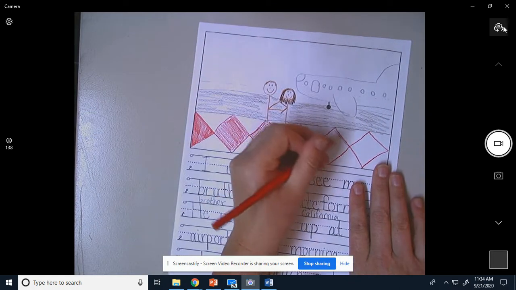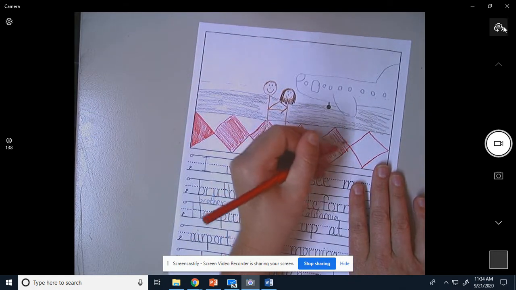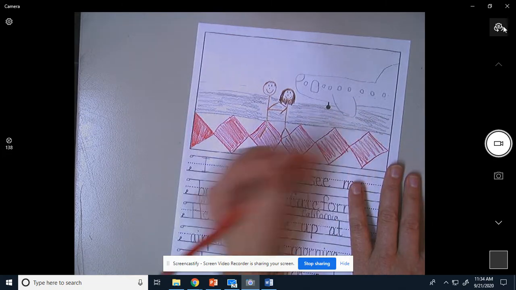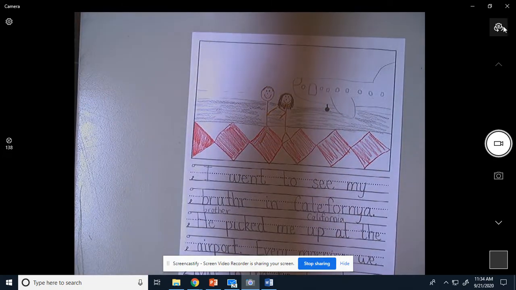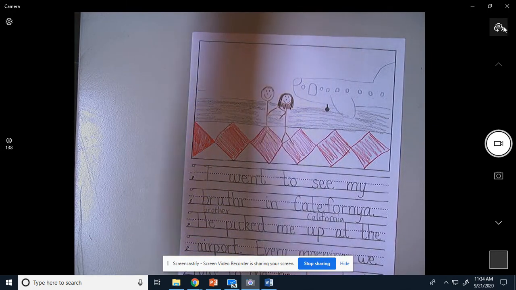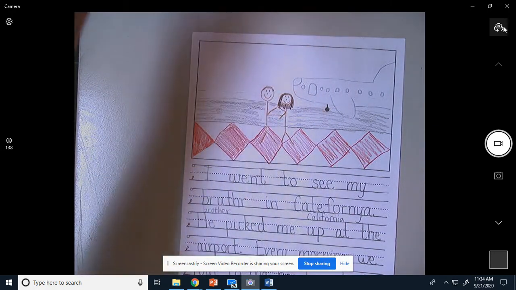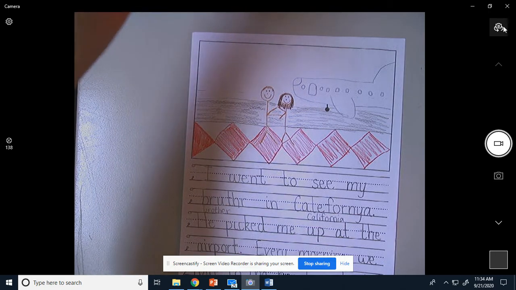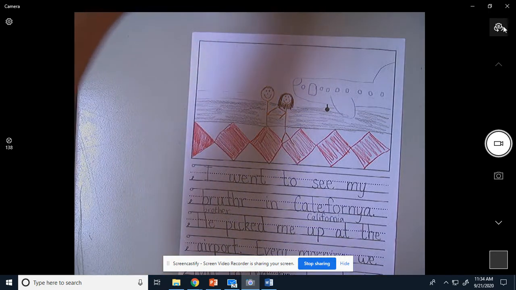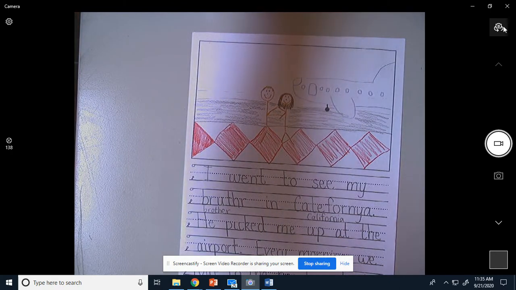Okay, so I'm going to color these in. And then I'm going to come in with, where is that? Can't find my color.